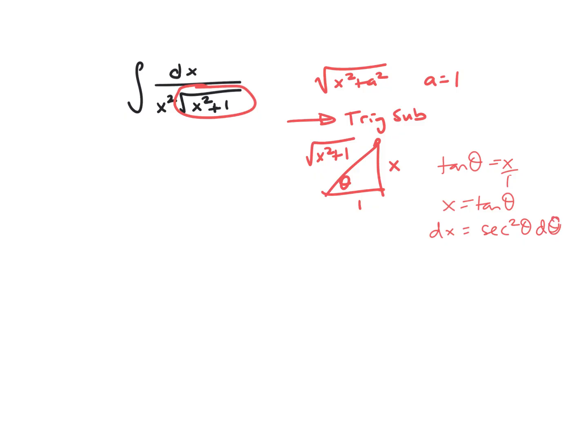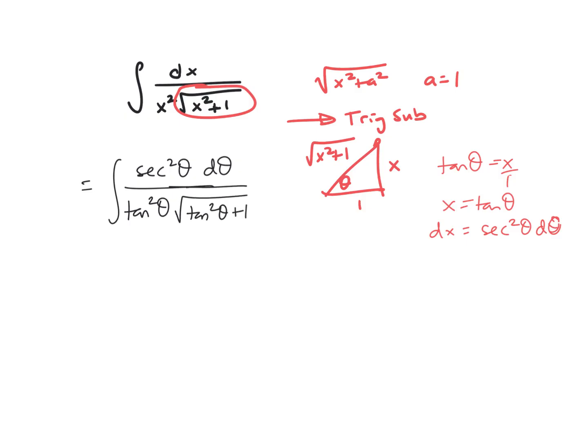Whoops. There we go. So going to rewrite. All right, so my dx is secant squared theta d theta. And then my x squared is tangent squared. And I've got my square root of tangent squared theta plus 1.